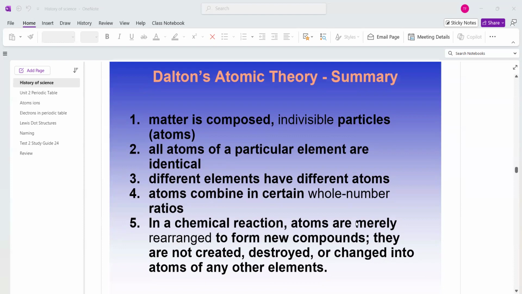Matter is composed of indivisible particles, atoms. Atoms of a particular element are identical. So I have a piece of gold, and all the atoms inside the gold are gold. They're not something else. Some of these are like, duh. Different elements have different atoms. So silver atoms aren't the same as gold atoms.